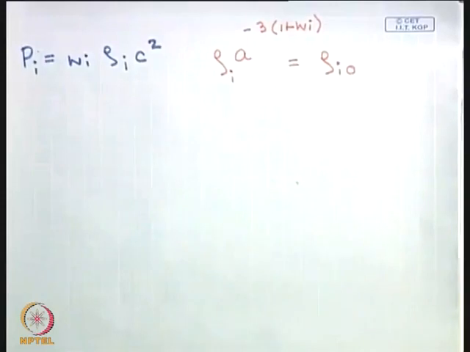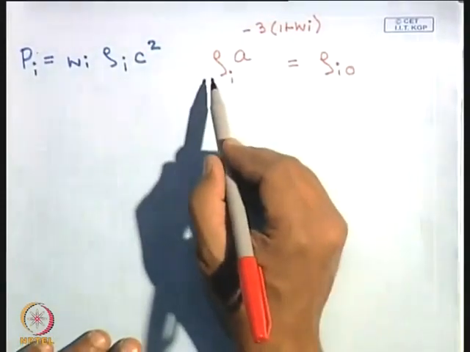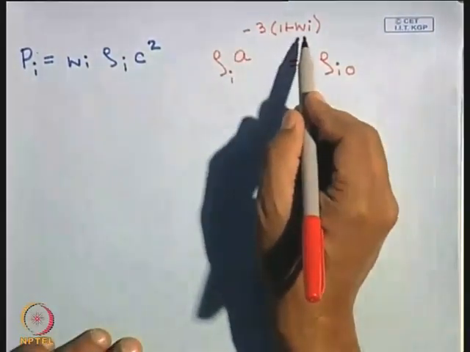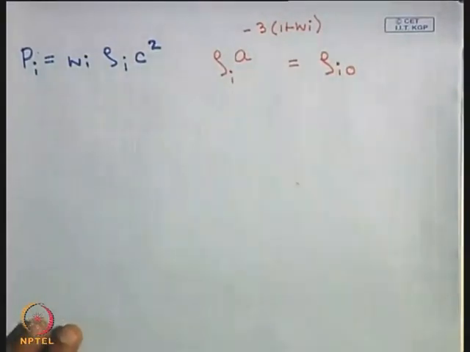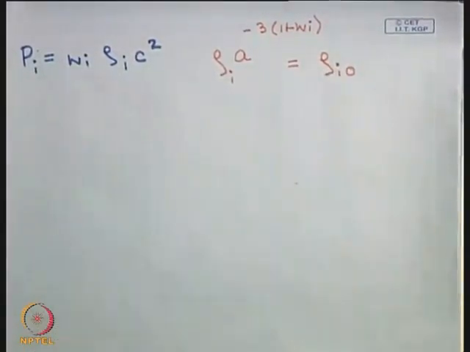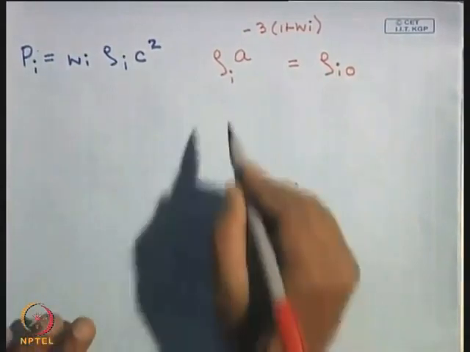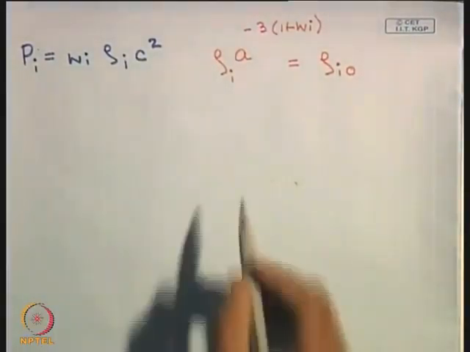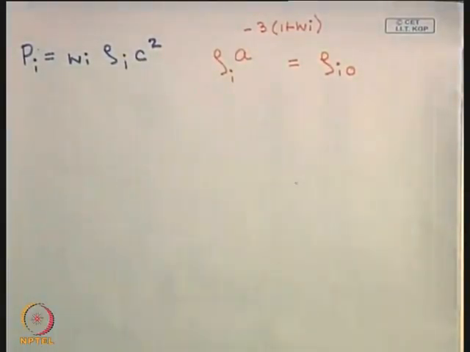But we have assumed that the scale factor at present has a value 1. So, essentially the density of the ith component into a to the power 3 into (1 plus w) is a constant. rho_i0 is the present density of the ith component. So, the scaling behavior with the expansion of the universe depends on how the pressure is related to the density, and this is something we worked out in the last class.